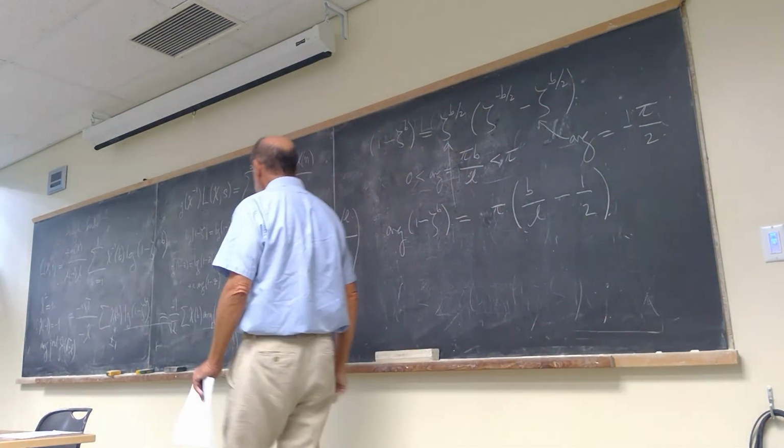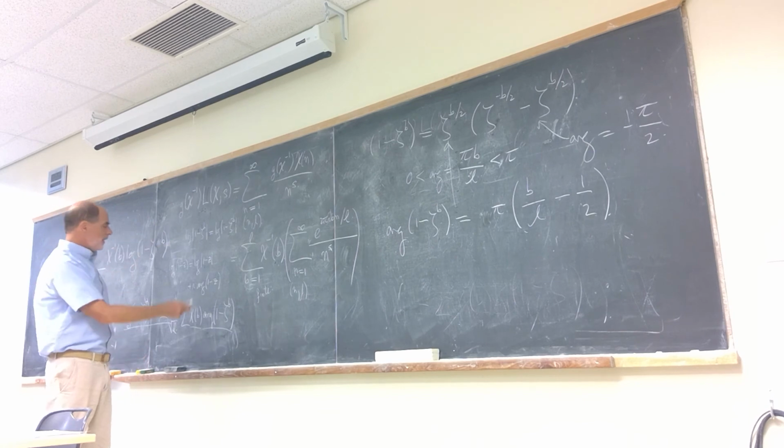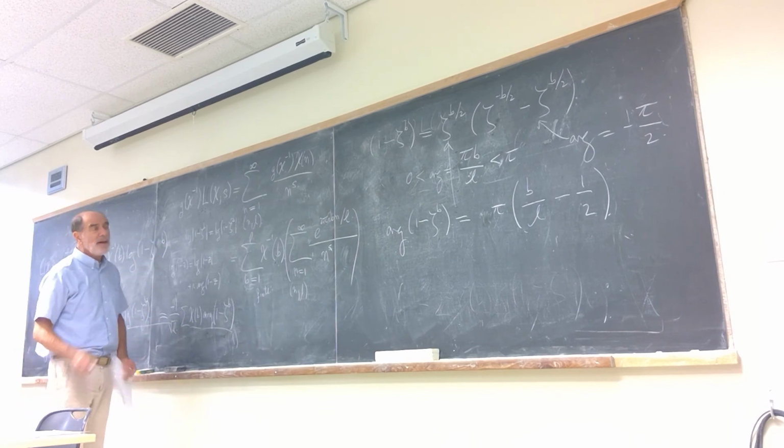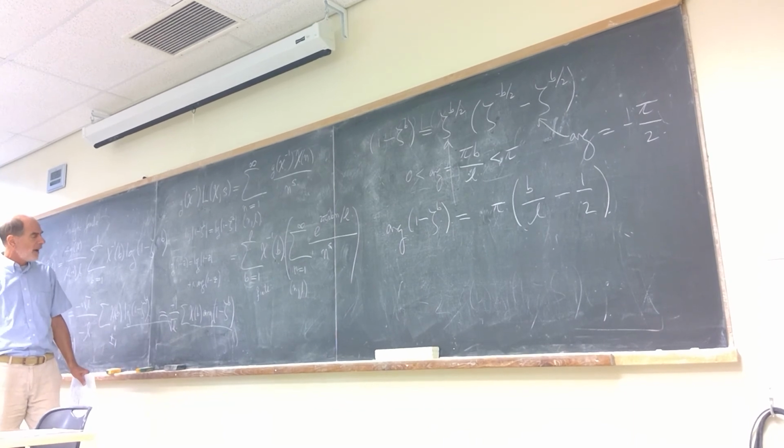And when we sum over the character chi of b, it's a non-trivial character. So if you sum the non-trivial character times the minus a half, you get 0. It's a constant times the sum over the non-trivial character.